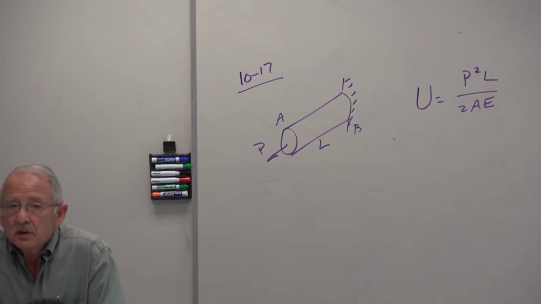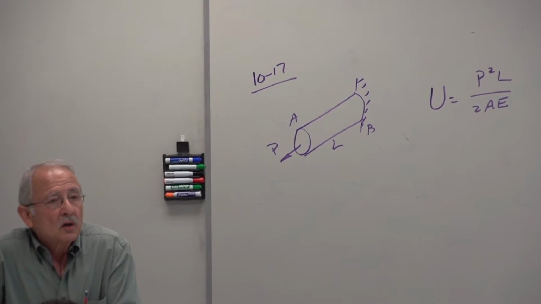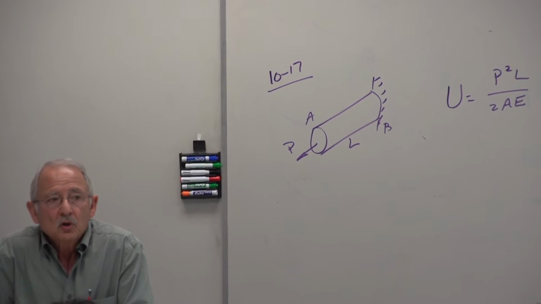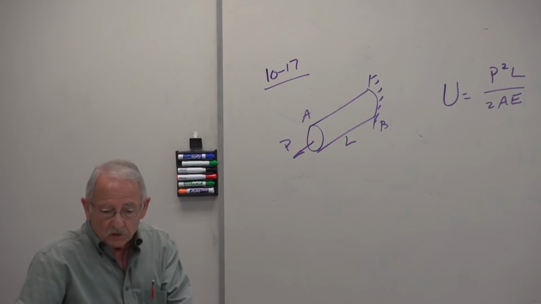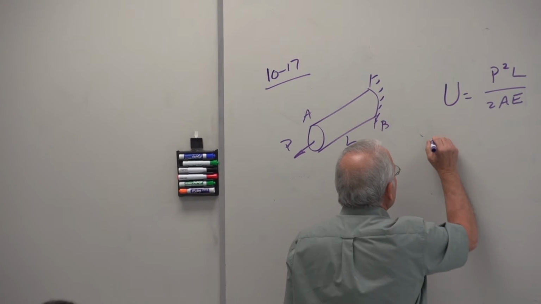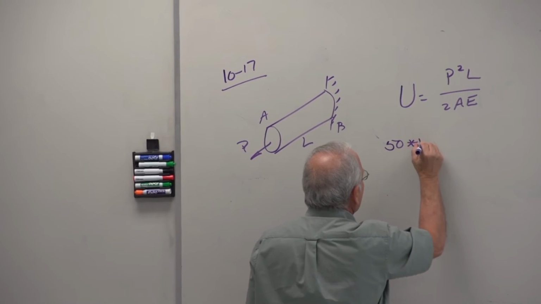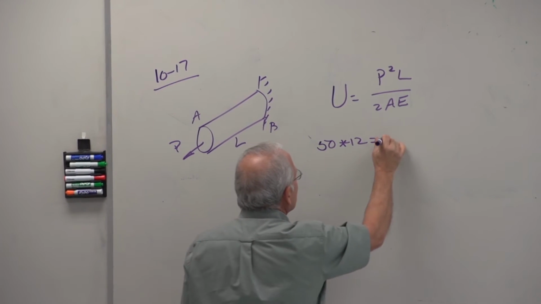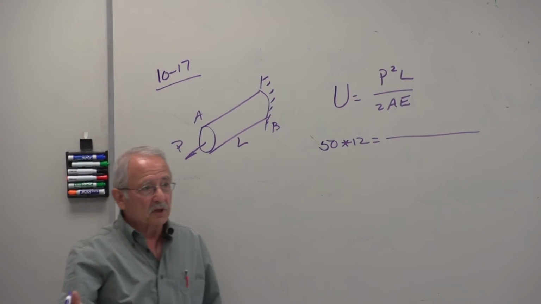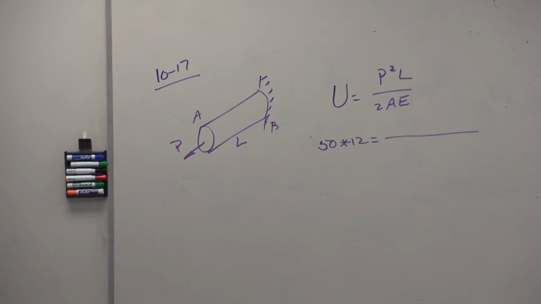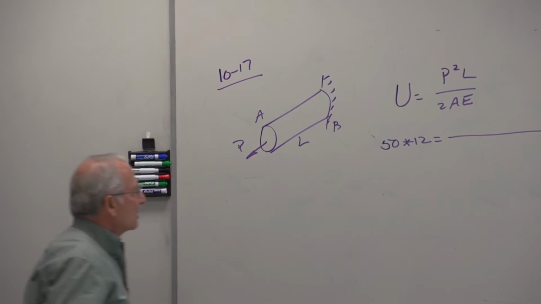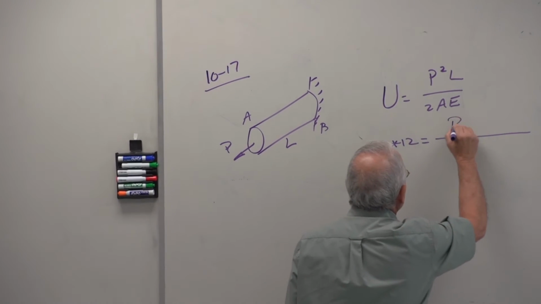We need the strain energy in this whole rod to be equal to 50 foot-pounds as it's given. So U is 50 foot-pounds multiplied by 12 to get it in inches. P is not known. If it were known, it would be a simple matter of finding the factor of safety. It's not known. So that's our unknown, P squared.